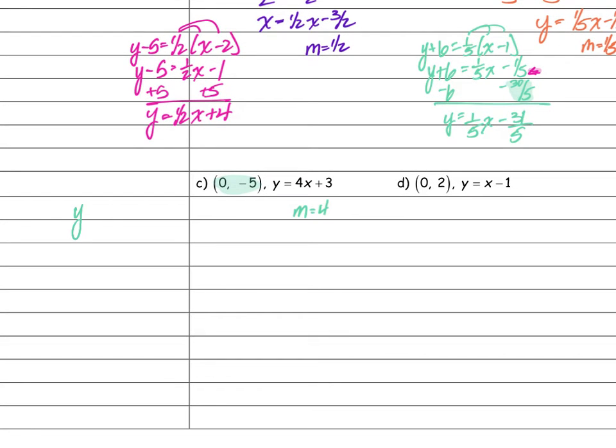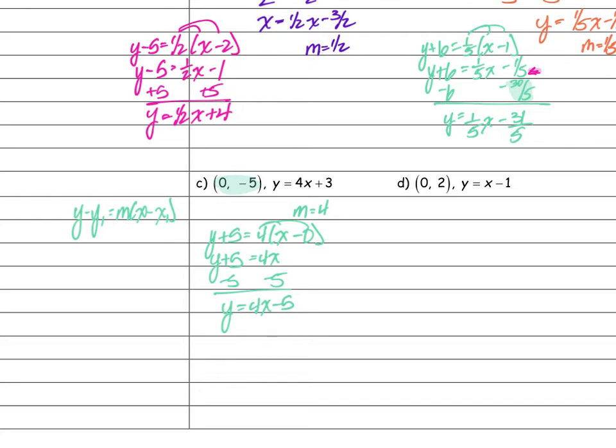So I've got y minus y1 equals m times x minus x1. So I've got y minus a minus 5 is plus 5 equals 4 times x minus 0. So distribute, and I get y plus 5 equals 4x, okay? Then subtract 5. So y equals 4x minus 5.